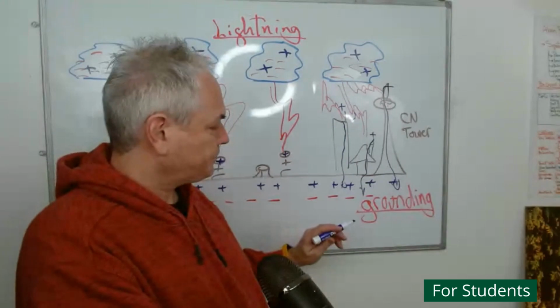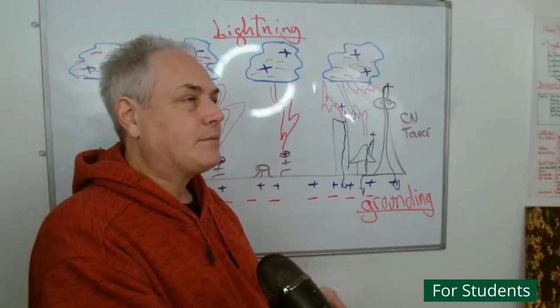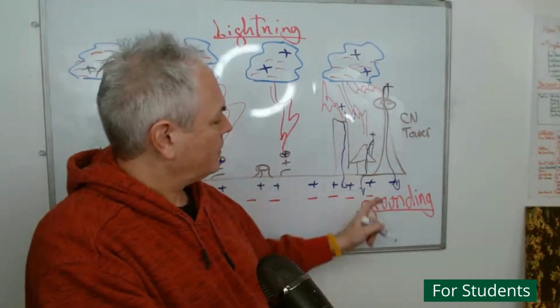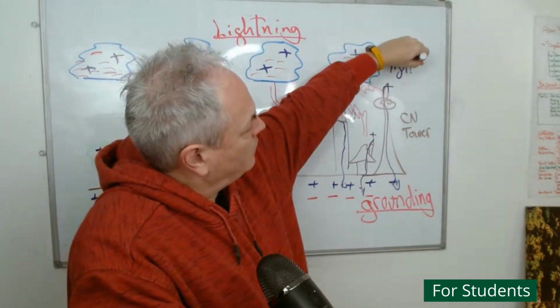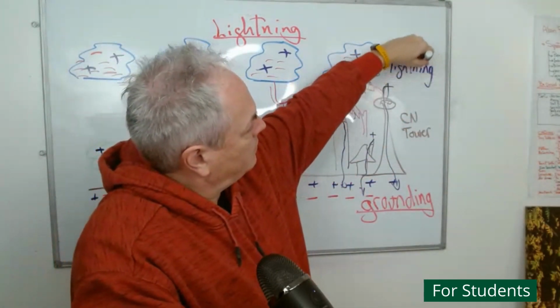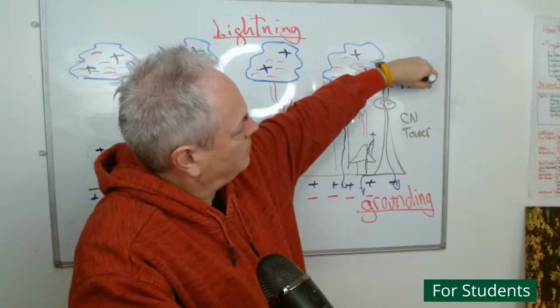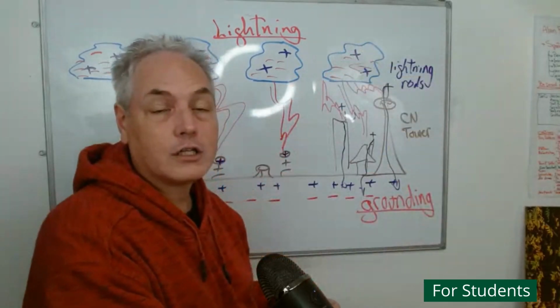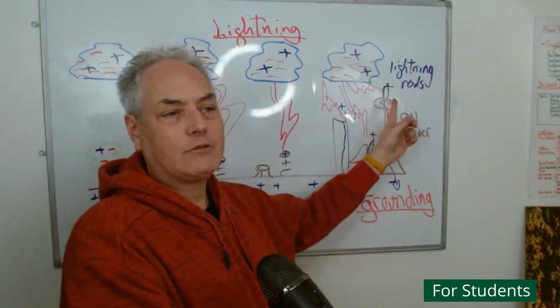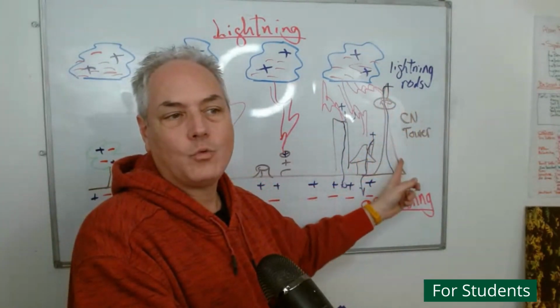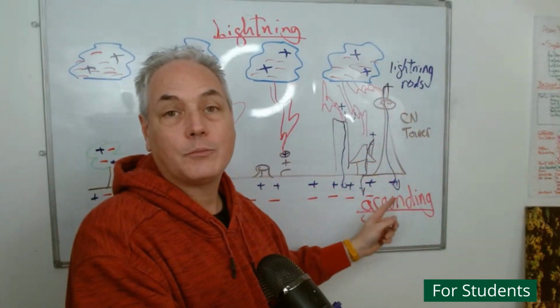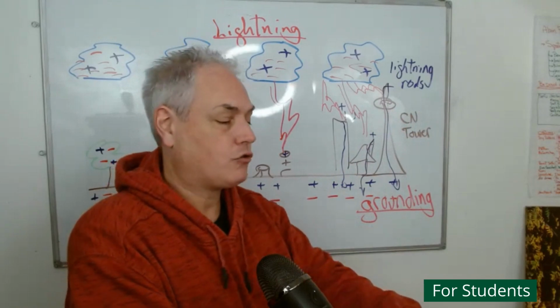And what's the name of it? So we have grounding due to, we call them lightning rods. What are lightning rods? They're rods at the top of higher places that are linked with a wire to the ground to protect the different structures.